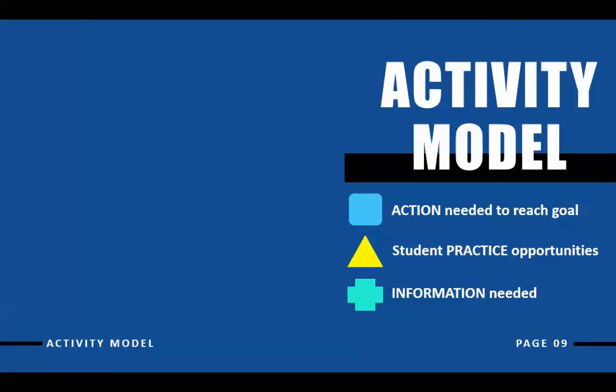the squares are the actions needed to reach the goal. The goal would be your learning objective, okay? The little triangles is because not only do students need to take in content, but they need to practice it. So we've got to provide practice activities. And then here's where they take it in. Now, information needed.